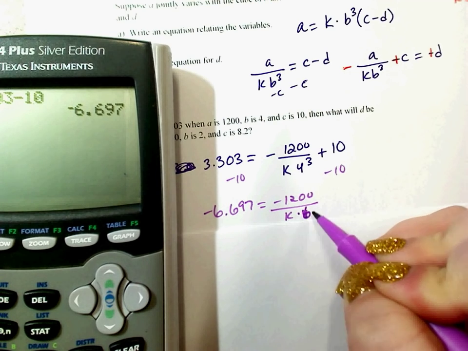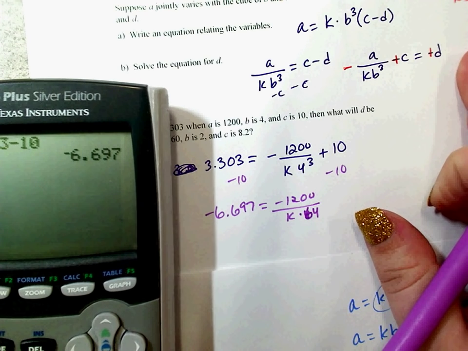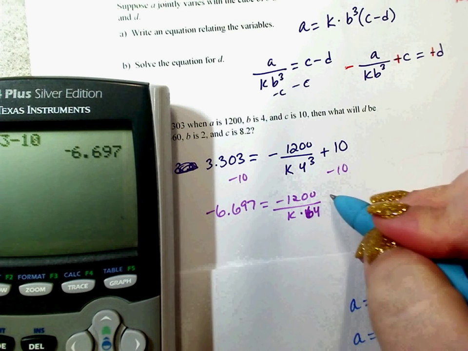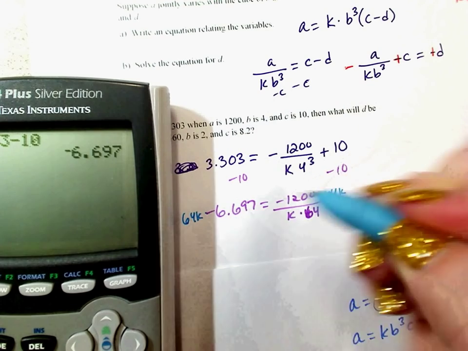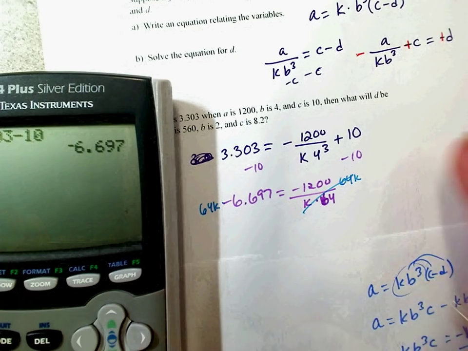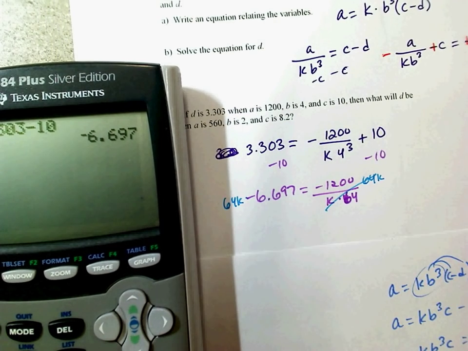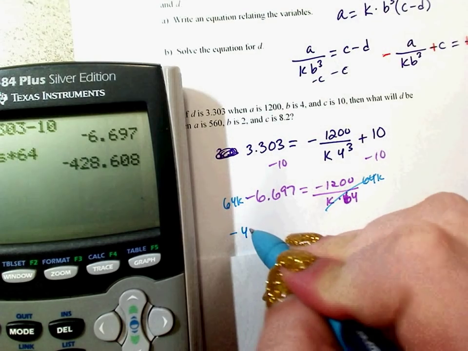I'm going to multiply by K times 64, 64K. And those are both gone. So then I've got, I'm going to multiply 64 times negative 6.697, so I've got negative 428.608K equals negative 1200.